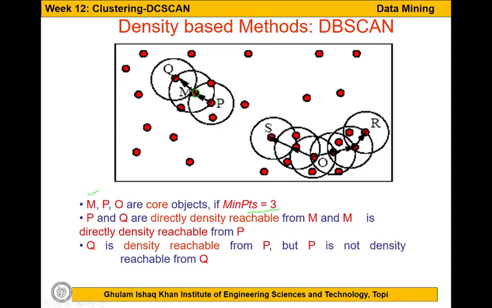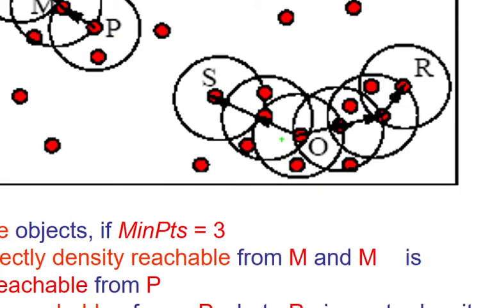Let's see P: within the epsilon neighborhood of P we have 3 points again, one is M itself. So within a core point's epsilon neighborhood we can have another core point as well. So P is also a core point, and if we see O, I think this one is O, yes.